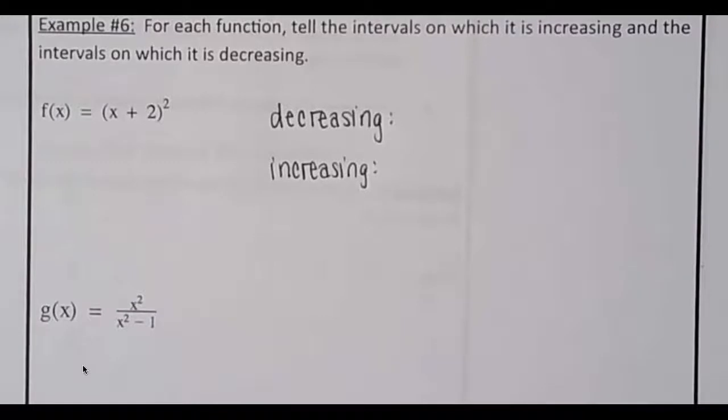From left to right, it's decreasing at the beginning, and then at negative 2, it starts increasing. So it's decreasing from negative infinity to negative 2, and then negative 2 to infinity, it's increasing.